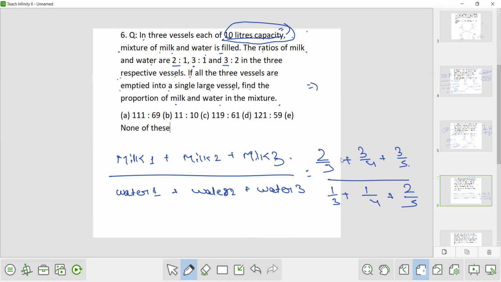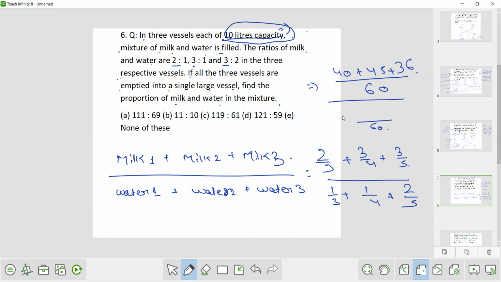Now take the LCM of 3, 4, 5, that is 60. So 2 times 20 is 40, plus 15, 3 times 15 is 45, plus 12, 3 times 12 is 36, upon, again the LCM is 60.